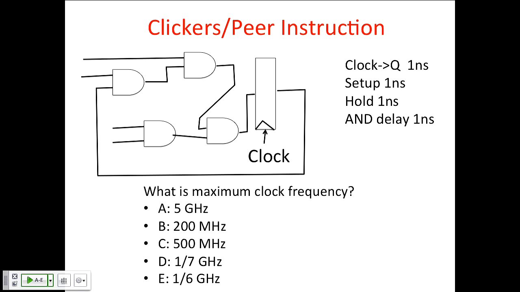So it's 1 nanosecond of clock to Q, 3 nanoseconds going through those 3 AND gates, and then 1 nanosecond to set things up. So there's 5 nanoseconds around that loop, right? So 5 nanoseconds is 200 megahertz, right?